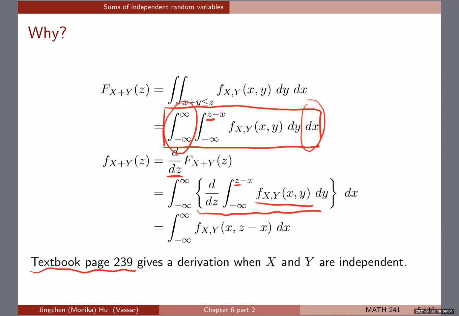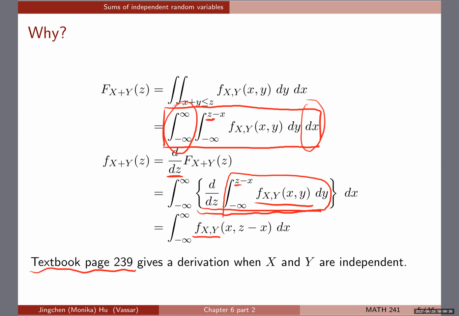Here I just want to talk about the big idea: even if they're not independent, once you do the integration here and then take the first order derivative, you can figure it out.